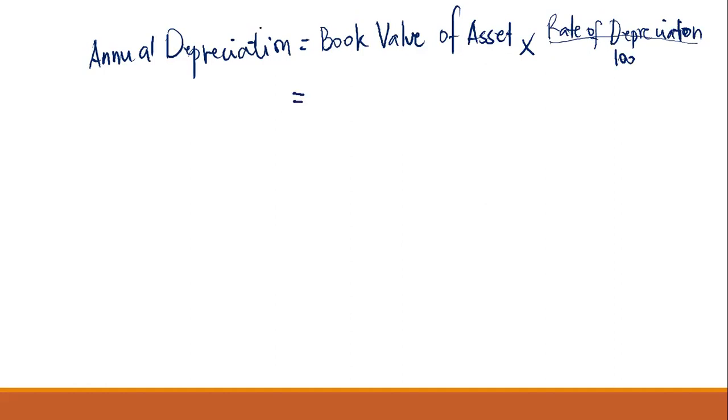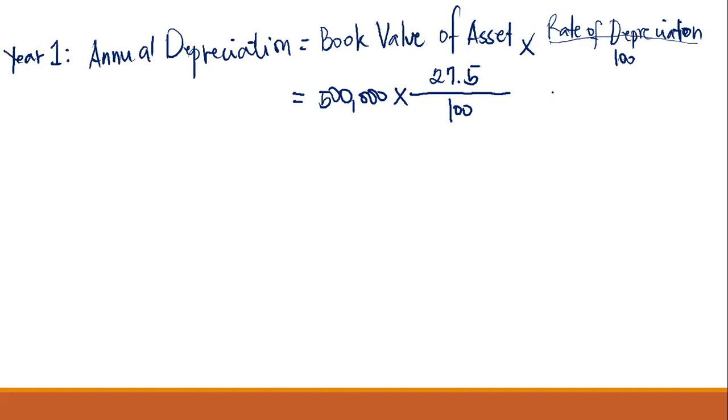So, this is equal to, so yung book value natin ay 500,000. Okay? So, yan yung book value ng asset natin. And yung nakuha natin na rate of depreciation is 27.5 over 100. So, this is our year 1. Okay?